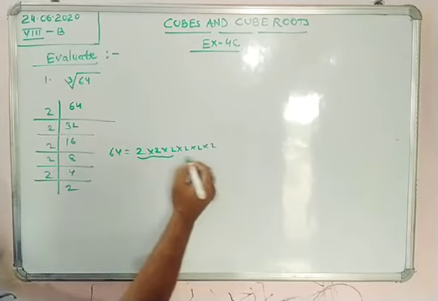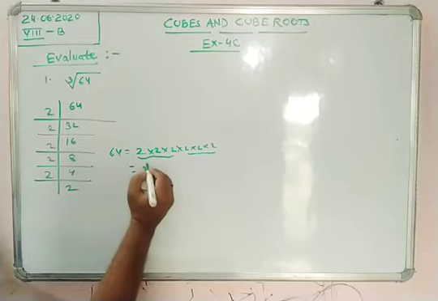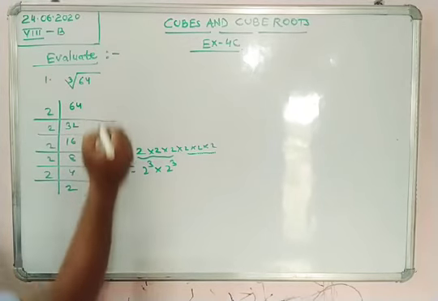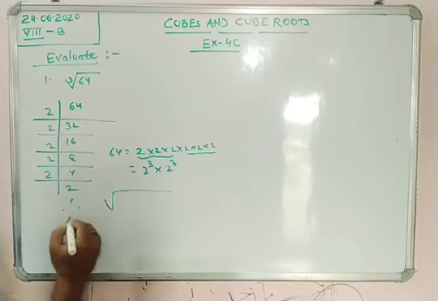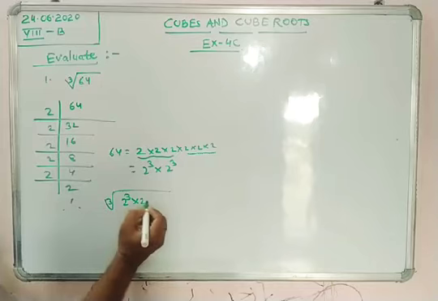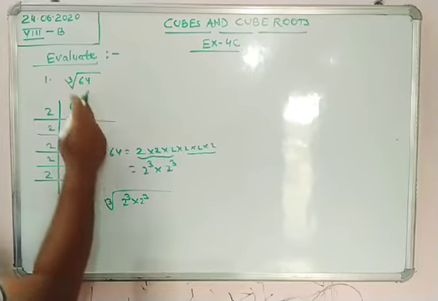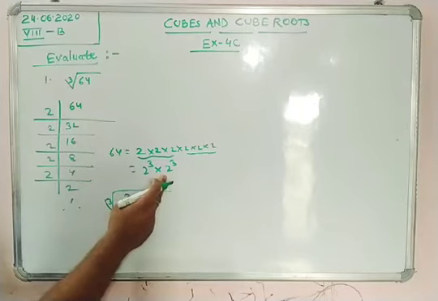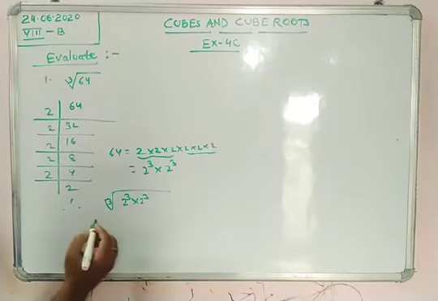That means 2 cube and 2 cube. So cube root of 64 means cube root of 2 cube into 2 cube, in place of 64, as we have obtained it in the form of prime factors.